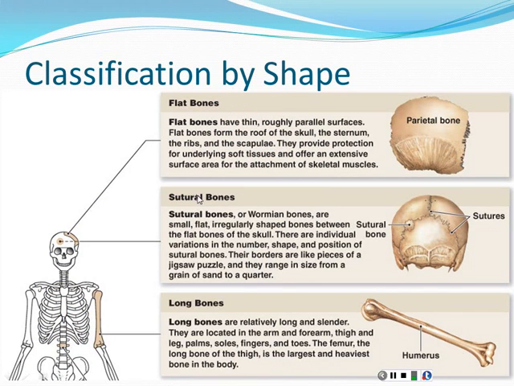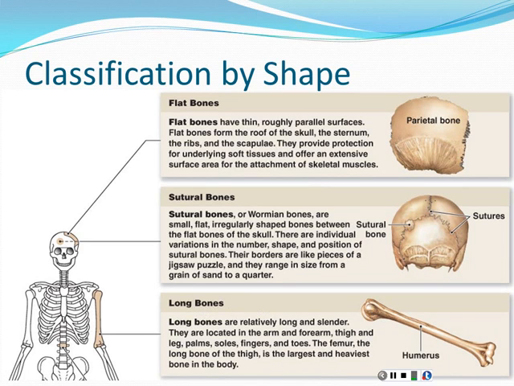Sutural bones are the rarest kind. They're found only in the skull, and they're basically little islands of bones where the other flat bones have come together. Not a particularly important classification. Long bones, though, these are the bones we talk most about. And these are the bones you probably think of when you think bone.